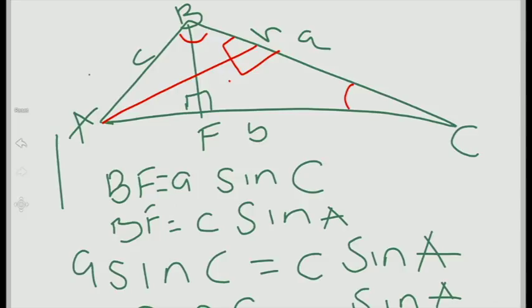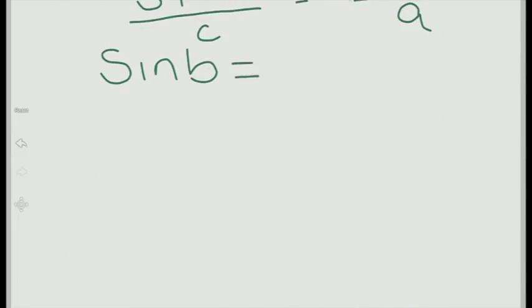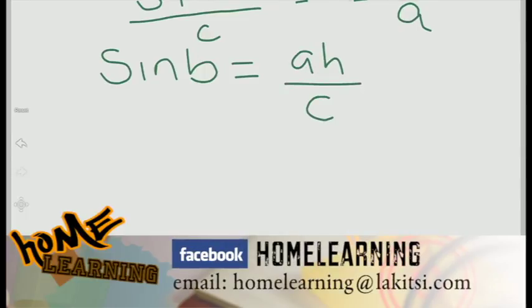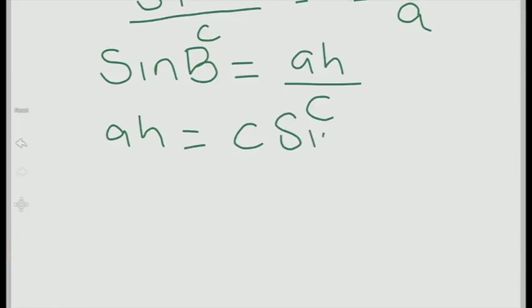The opposite is AH, the hypotenuse is C. So now we have sine of angle B is AH over C. We have a full angle C, we have a full side C, we have angle B, which means AH, which we don't know, is side C multiplied by sine B.